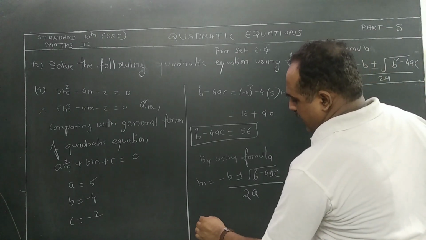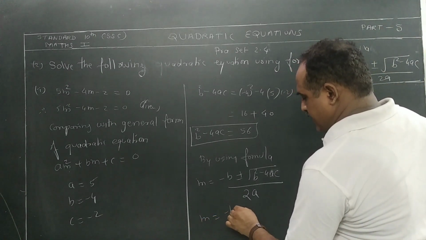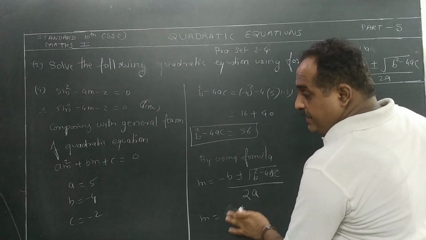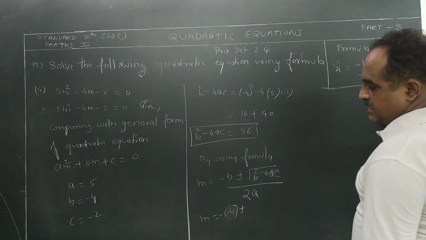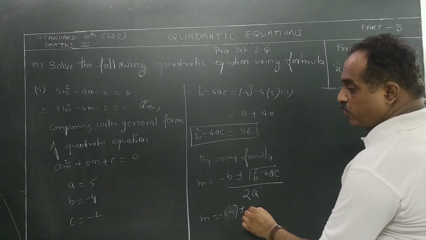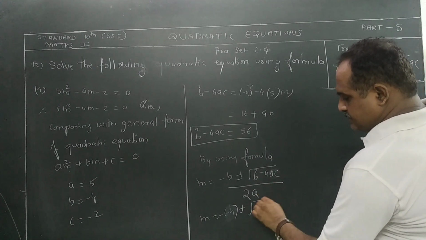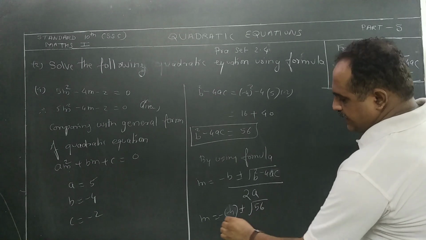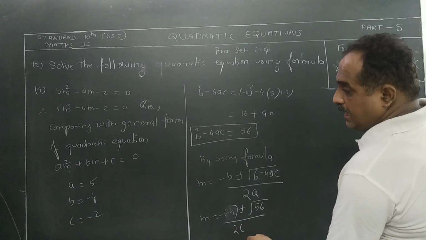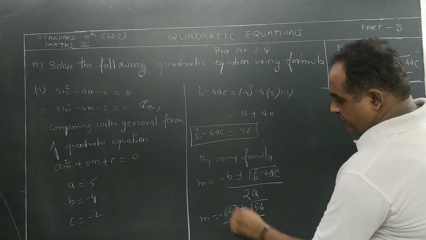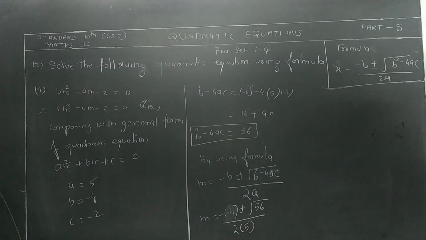So m is equal to minus b. b value is minus 4 plus or minus root of b square minus 4ac is 56 upon 2 into value of a is 5. Correct? Got it now?